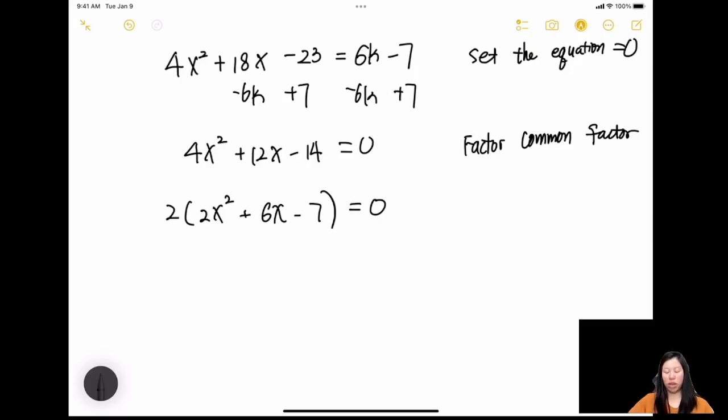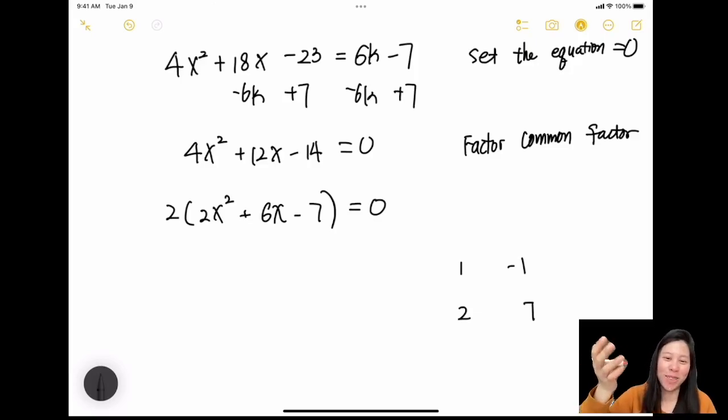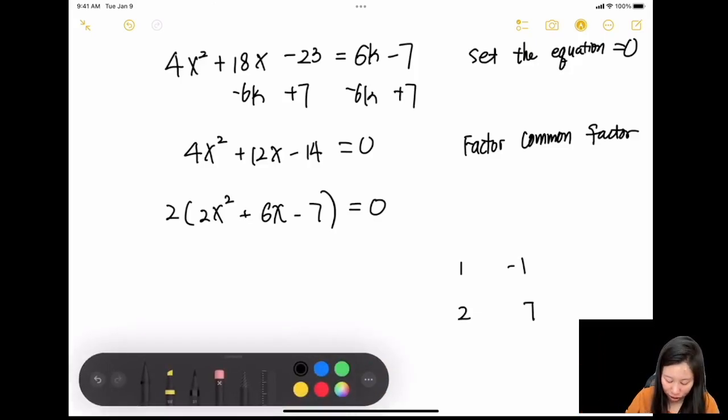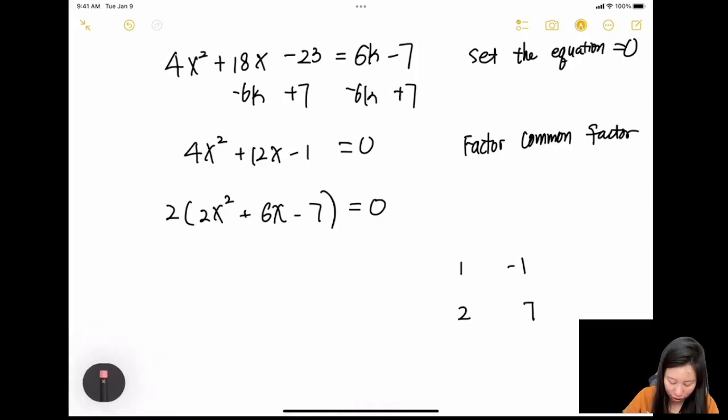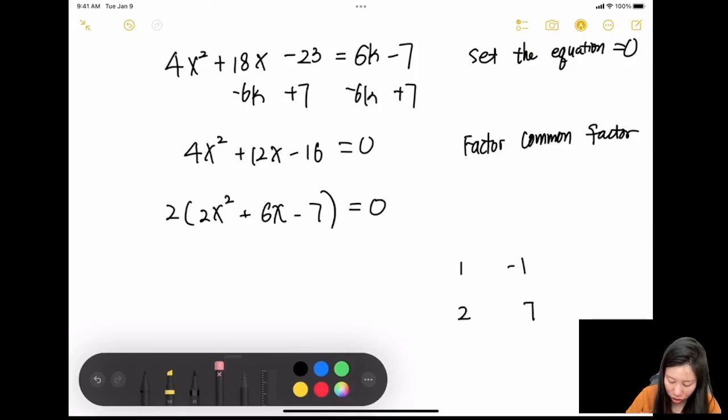Okay, so we have 2, we write it as 1 and 2. And then 7, we should do positive 7 and negative 1. Oh, I found myself another typo. You may have caught me. Negative 23 plus 7 is negative 16, so when you factor the 2 out, this should be 8.